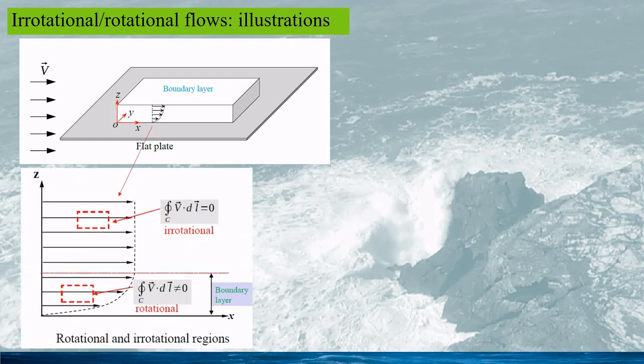If we extend the flow field more above the boundary layer, we can see the velocity distribution like this, and we can easily check that in the boundary layer the circulation is non-zero, so the flow in the boundary layer is rotational, and outside of the boundary layer the circulation of the fluid velocity vector is zero. Hence, it is irrotational flow.